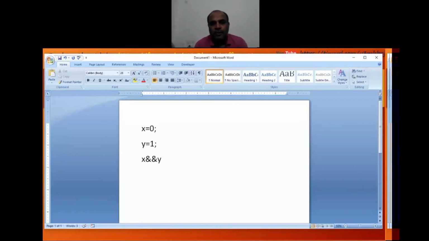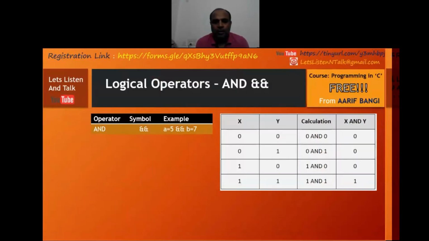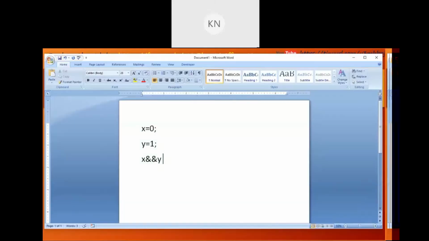What will be the answer of this? Let me open the table. Now see, x is 0, y is 1. Where are we fitting?